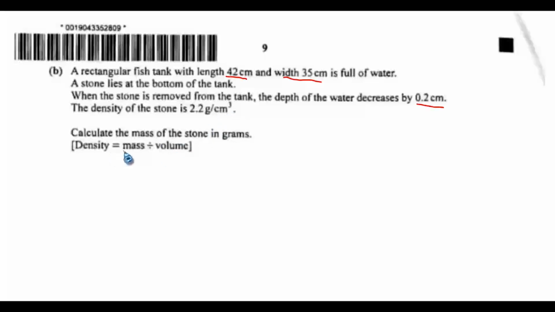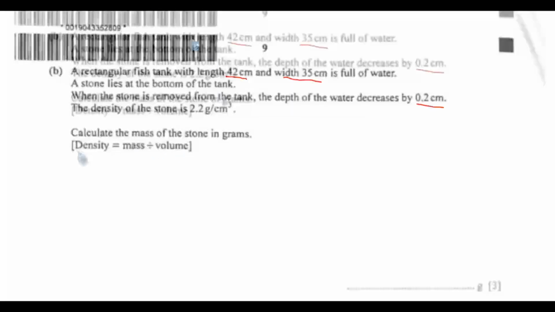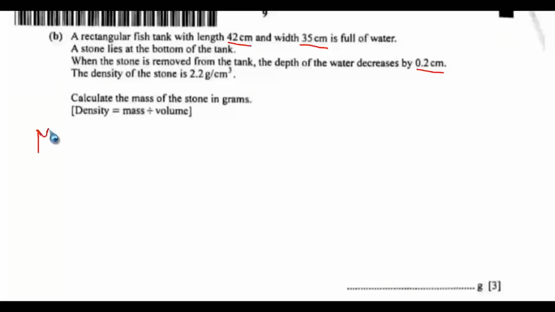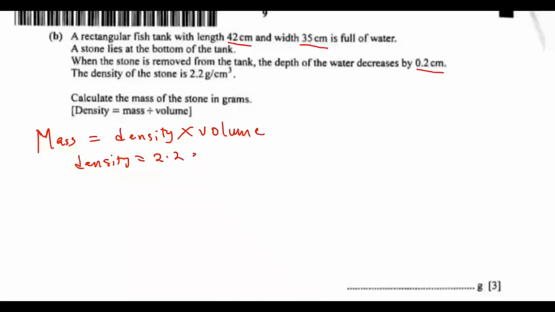So we are given the formula of density to be equal to mass over volume. Therefore, mass will be equal to density multiplied by the volume, that is the volume of water gained by the stone, and we've been given the value of density to be 2.2 grams per centimeter cube.